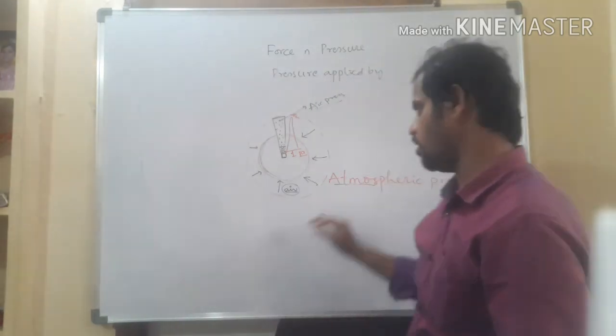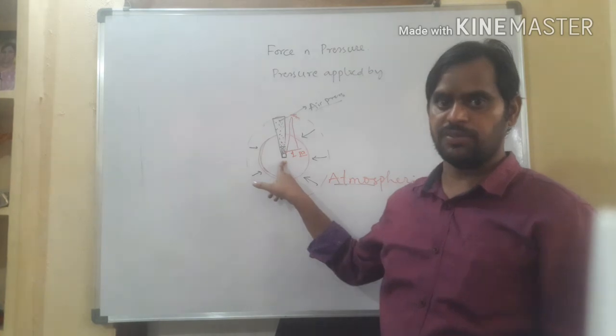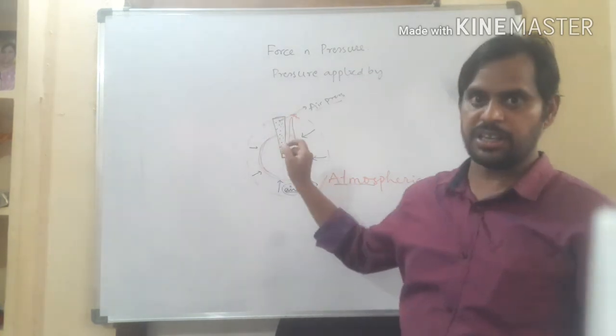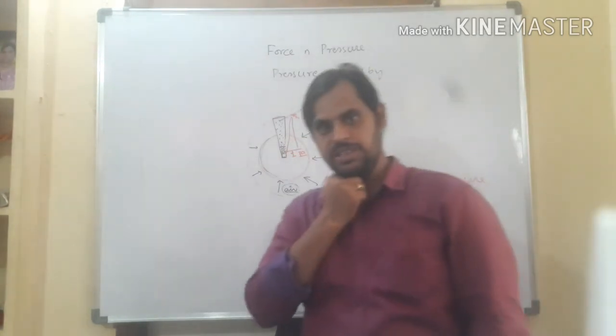So this is what is called atmospheric pressure. The pressure applied by the atmosphere onto a unit area of land is called atmospheric pressure.